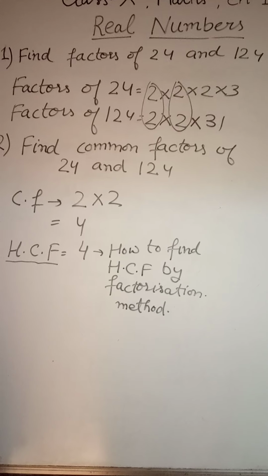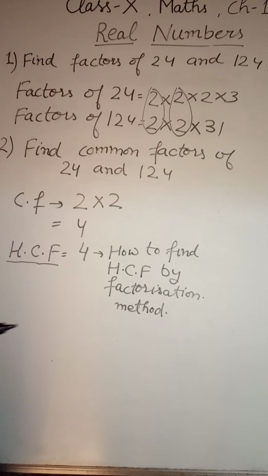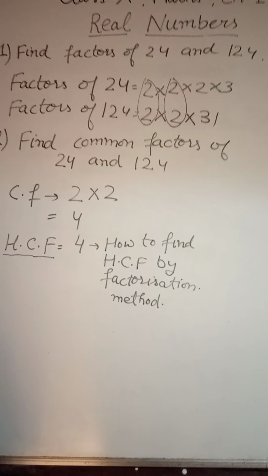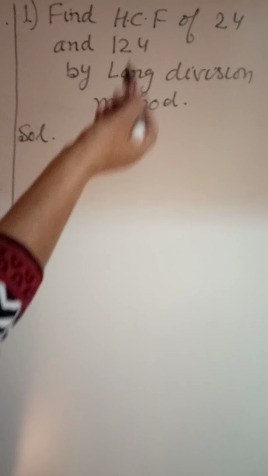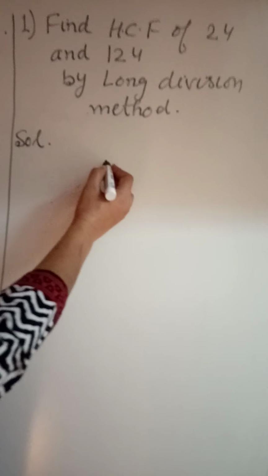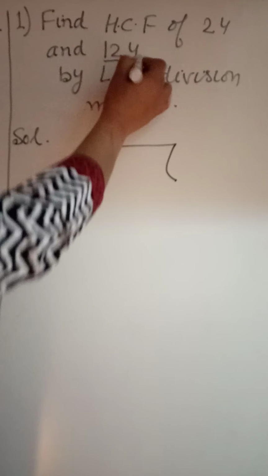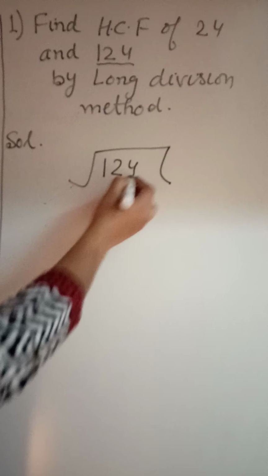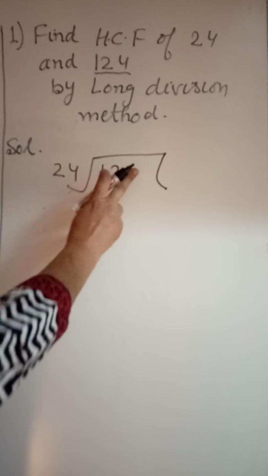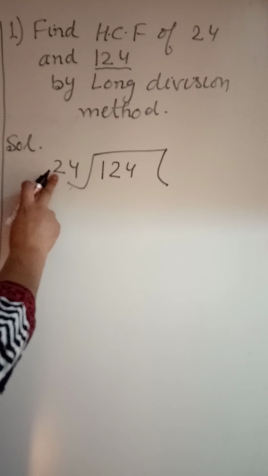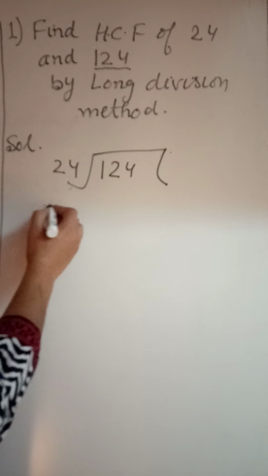Next you were told how to find HCF using long division. Let us do it by long division also. So we can find HCF of 24 and 124 by long division also. I hope you remember this method. What we used to do, we keep the bigger number inside and divide it by the smaller number. 24, 5s are 120.